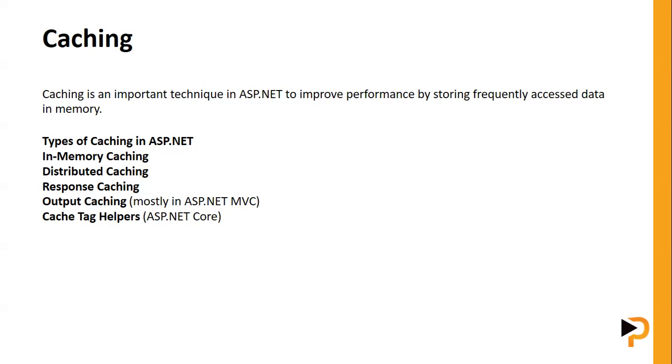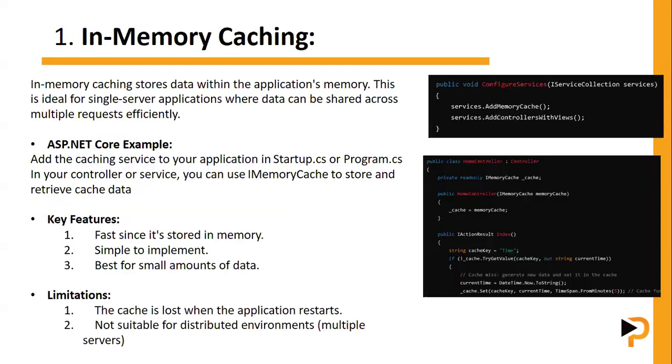If you want quick access to static web pages, you can go ahead with response caching. Output caching is available in ASP.NET MVC, and cache tag helpers are available in ASP.NET Core. Let's understand these things one by one with examples.